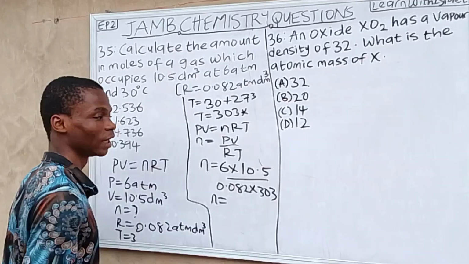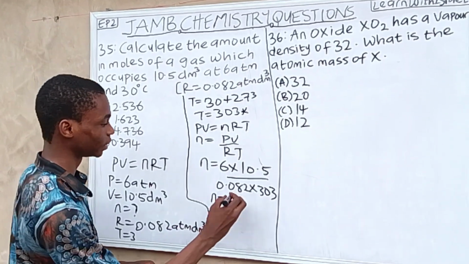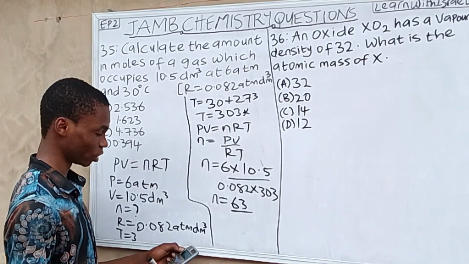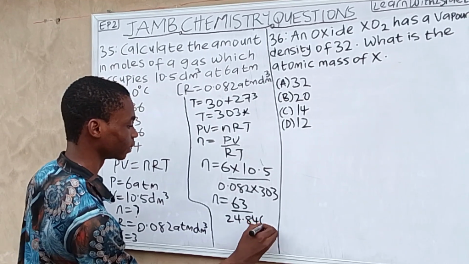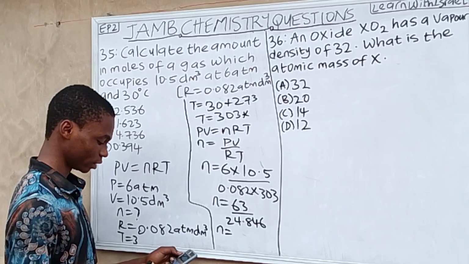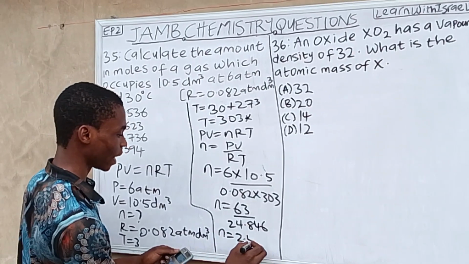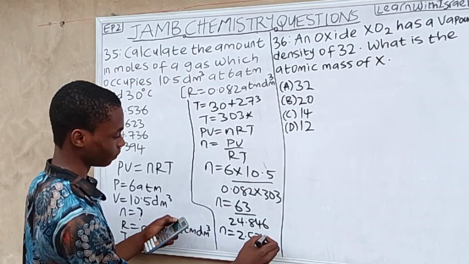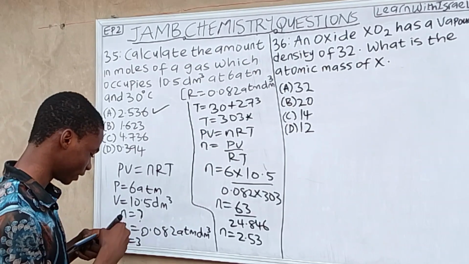Let's press our calculator. 6 multiplied by 10.5 will give us 63 over 0.082 multiplied by 303, which will give us 24.846. So our n equals 63 divided by 24.846, which gives us 2.53. If we check our answer, yeah, it's in option A, 2.536.